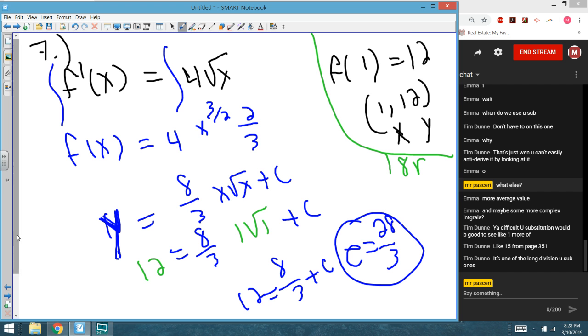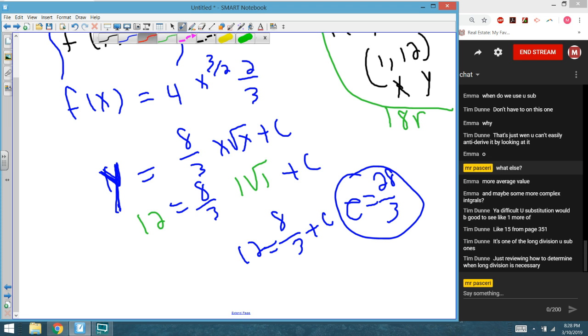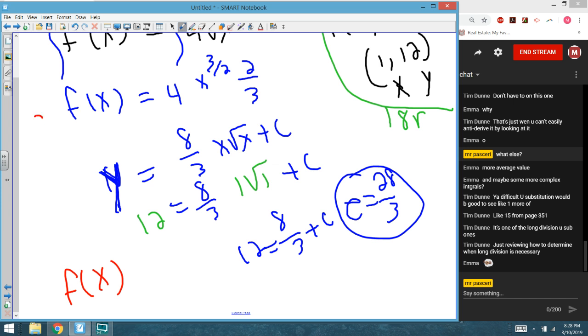Now I'm going to take that f of x right there and rewrite it. This is called the general solution, and this is called the particular solution, or the exact solution. The general solution has the plus c on it, and the particular solution has no plus c on it.